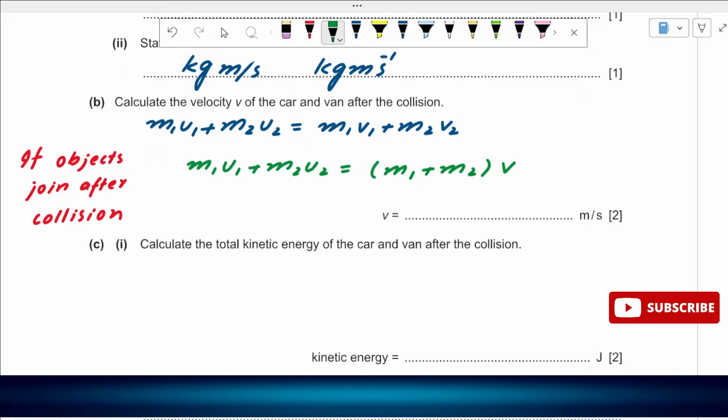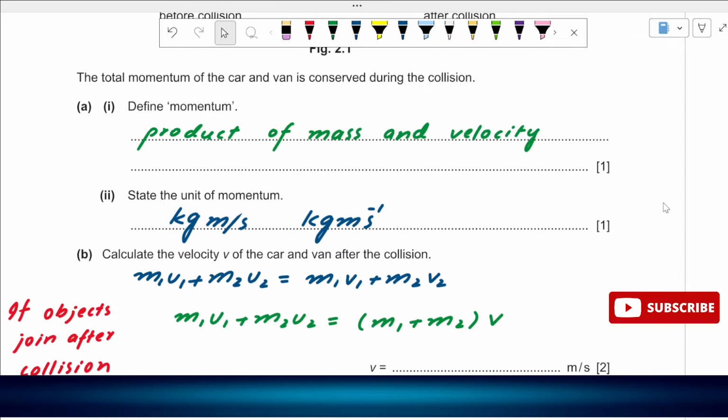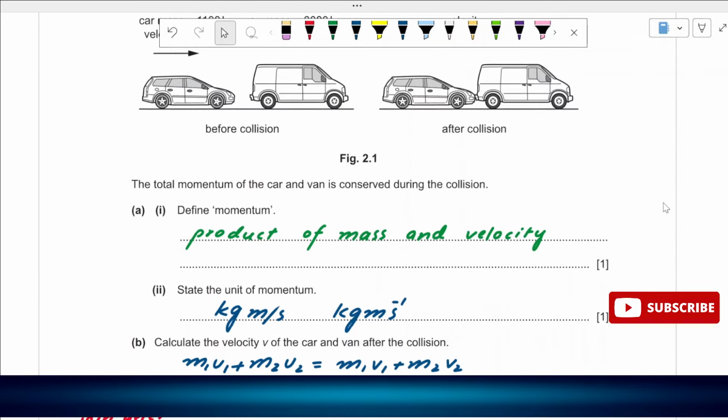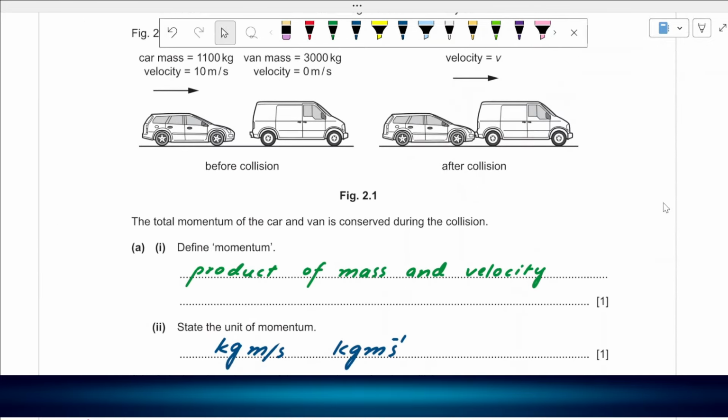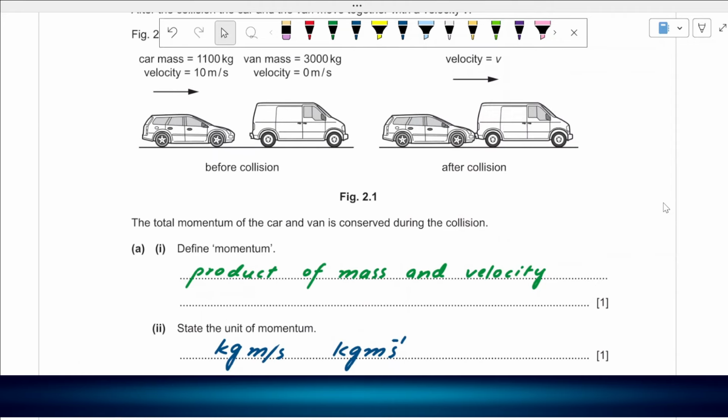Now let us insert the values. Okay, I'll keep it very simple. I could have done it directly. I can find the momentum before collision within seconds, but I'll just keep it really simple. So I'll insert each and every value one by one. So m1 represents the mass of one of the objects. We're going to call the mass of the car as m1 and mass of the van as m2.